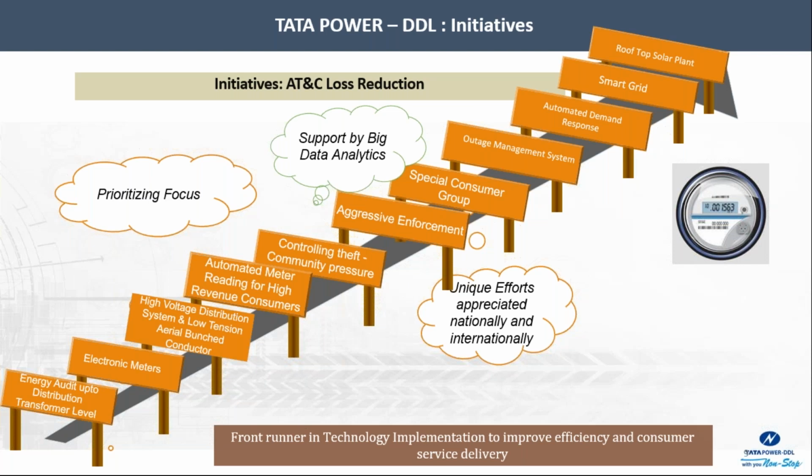The consumer profile of Tata Power Delhi is roughly 1.6 million consumers, of which around 100,000 consumers give us around 70% revenue. For these 100,000 consumers, we installed meters and modems, and we started taking their readings at the remote end, and we set up an analyst group of roughly 30-40 engineers, who did a lot of analysis of their meter consumption.